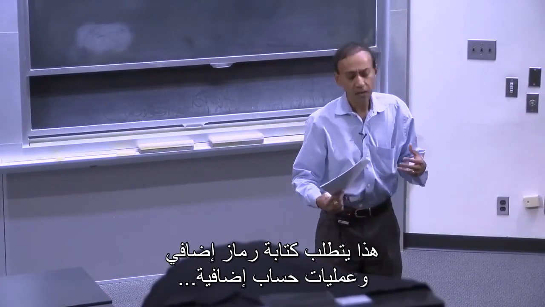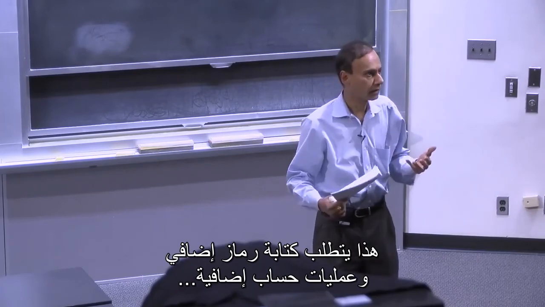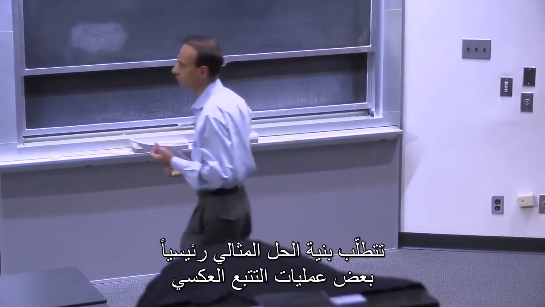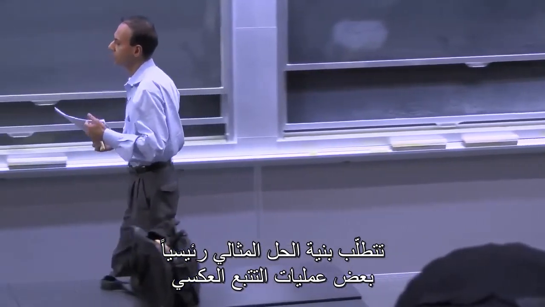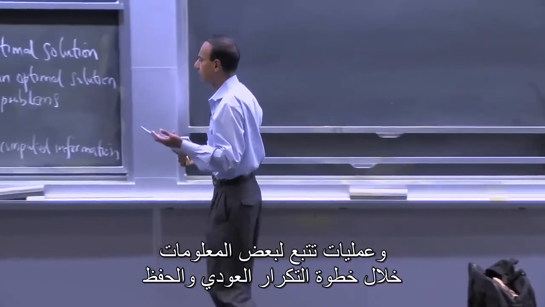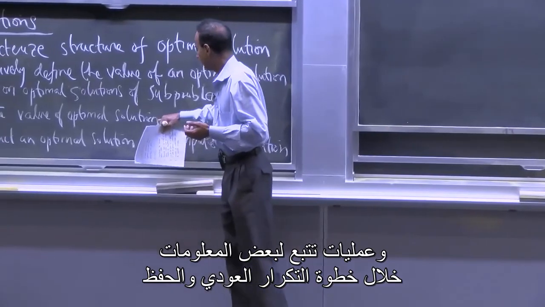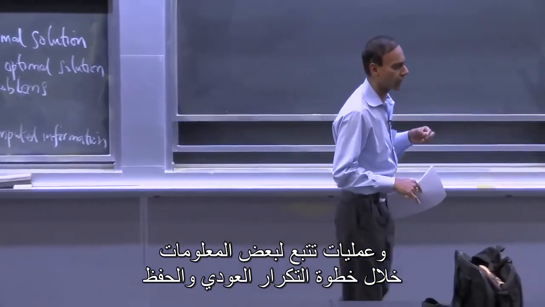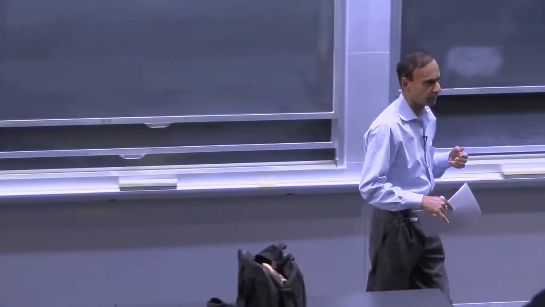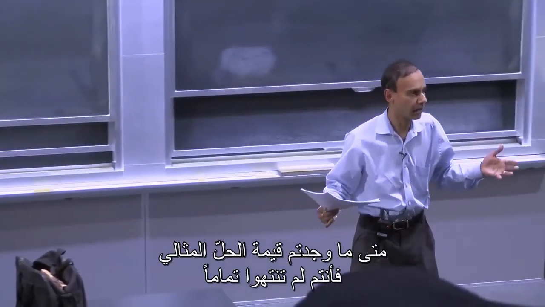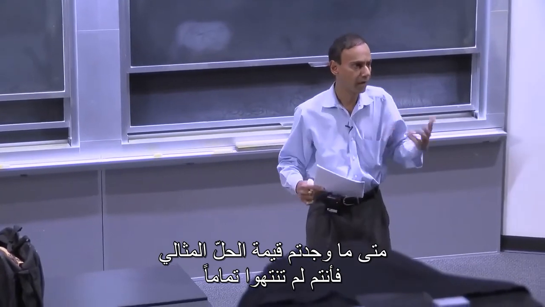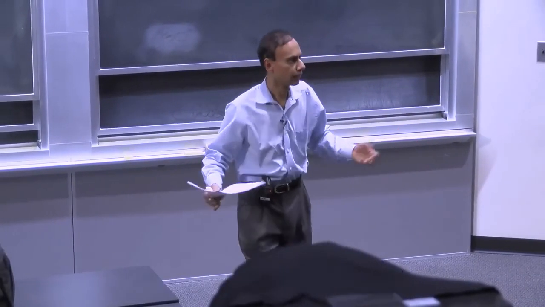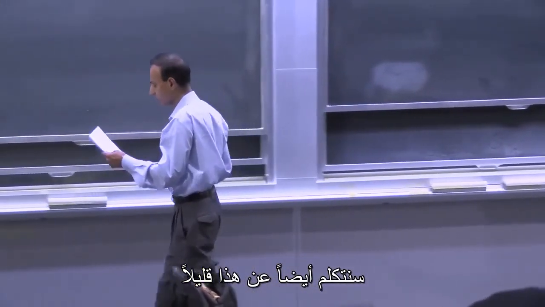That requires some additional coding, some additional accounting. The construction of this optimal solution typically requires some backtracing and some information to be kept track of during the recurse and memoize step or during the iterative step. So that's something to keep in mind. You're not quite done once you've found the value of the optimum solution. More often than not, you want the solution. So we'll talk about that as well a little bit.